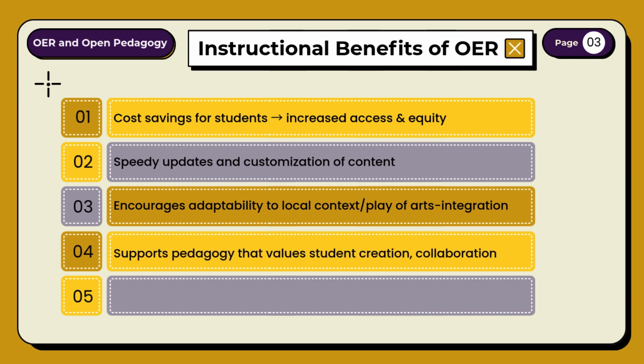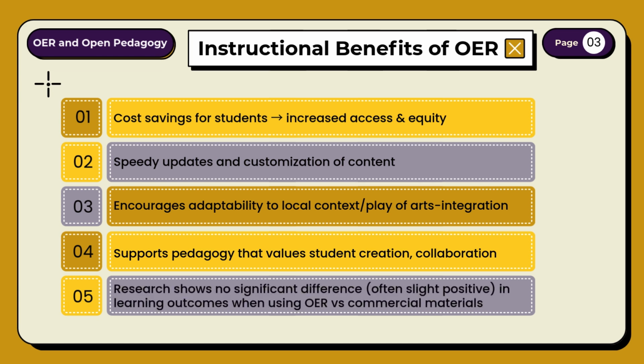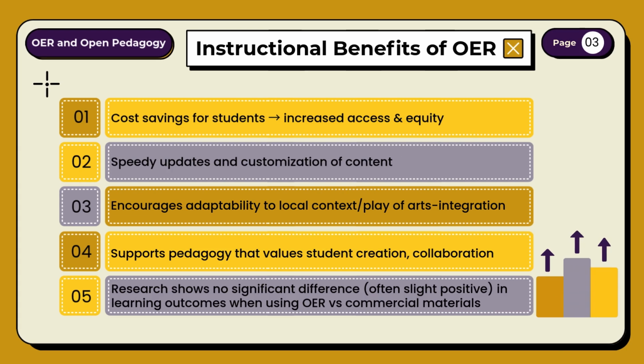Next, OER facilitates more student-centered interactive assignments because you're not tied to a locked textbook. And finally, while some assume free equals lesser quality, research across more than 100,000 students shows no significant difference in learning outcomes when faculty adopt OER. In many cases, outcomes improve. So OER offer equity without sacrificing quality.